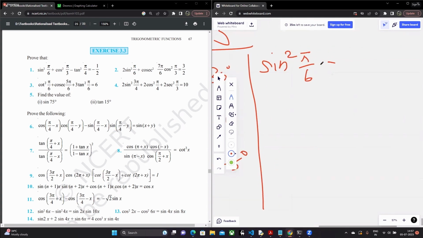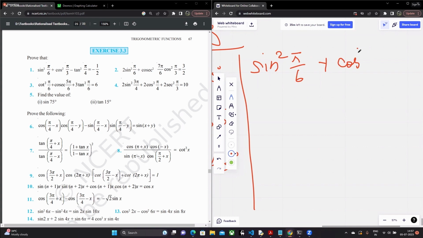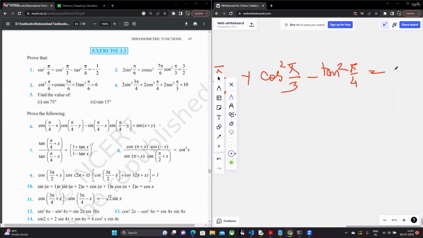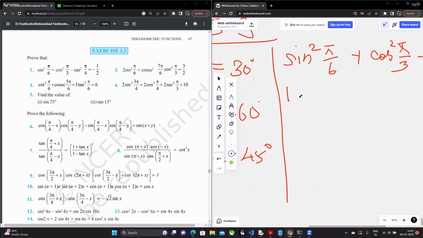So it's sine squared pi by 6 plus cos squared pi by 3 minus tan squared pi by 4 being equal to minus 1 by 2, right? So I'll take the LHS first.